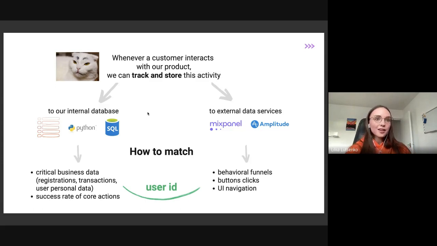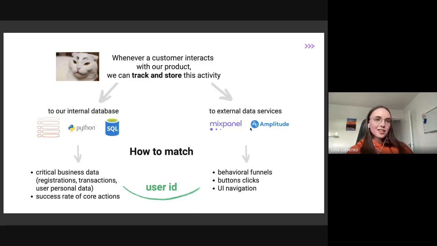But then it comes to making changes to your buttons, changing the color of the buttons, and you want to connect these behavioral funnels with transactions. You have a question: within this group of customers who clicked the pink button, for example, how many of them transacted the next day? External data services are not limited to these two, but they track an approximate number of users.